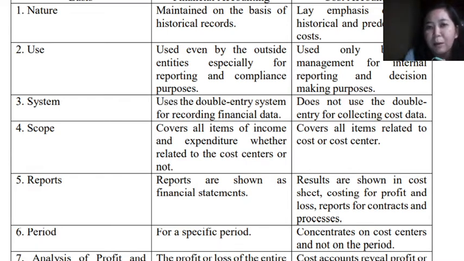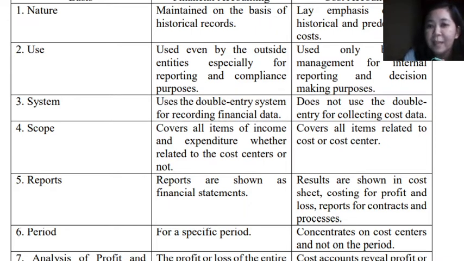Meaning everything that an entity spends for is considered accountable and recordable, so we include it in the books of accounts. While for cost accounting, the scope covers only the items that are related to cost or cost centers.